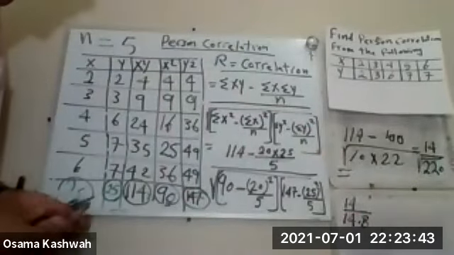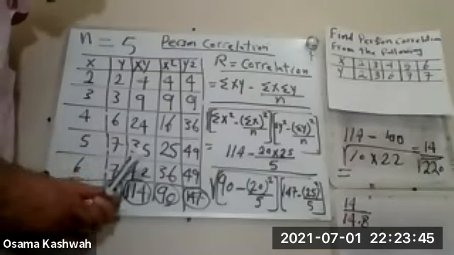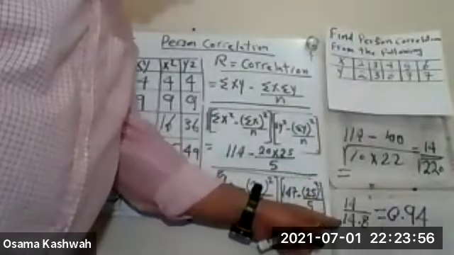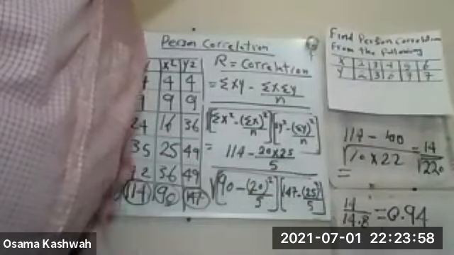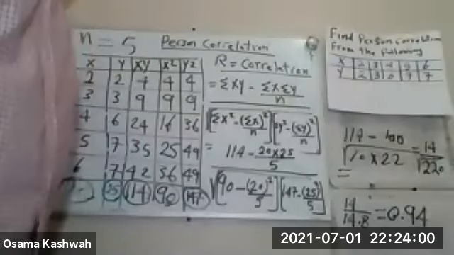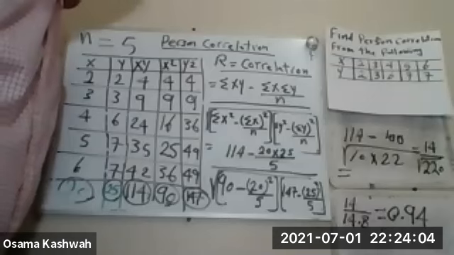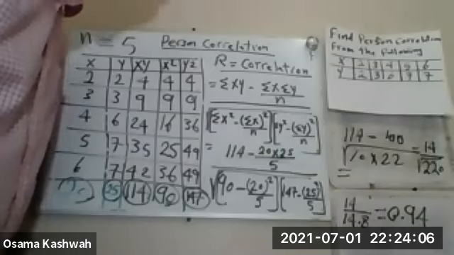So this will be 0.94. When you do it with the calculator, 14 divided by 14.8 will give you 0.94, which means it is a very strong correlation because it's more than 0.5.